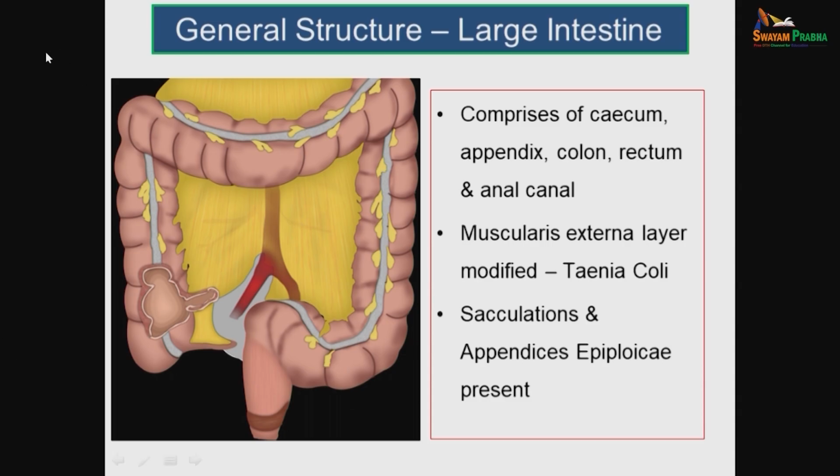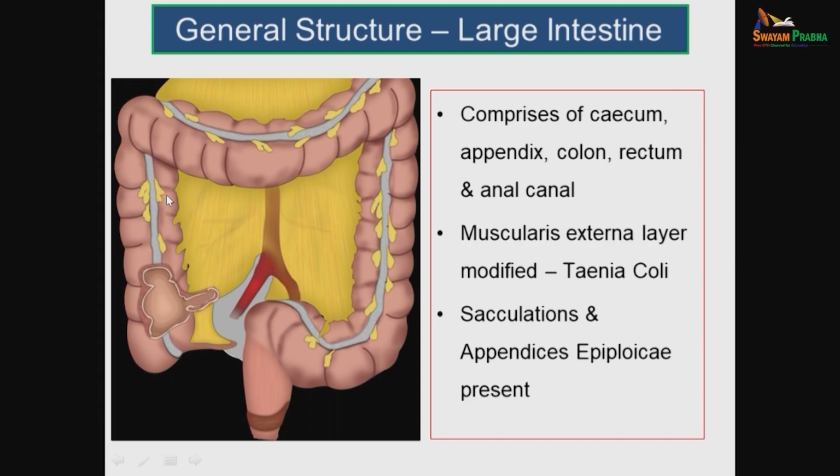So if you take the large intestine, the same layers: mucosa covered by muscle and still more covered by serosa. The transverse colon and sigmoid colon are suspended by the mesocolon, whereas the ascending and descending colon are covered by peritoneum only on their anterior aspects.